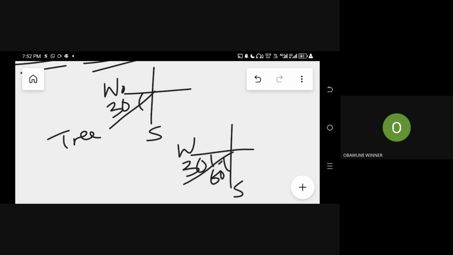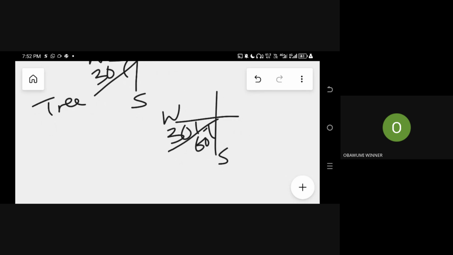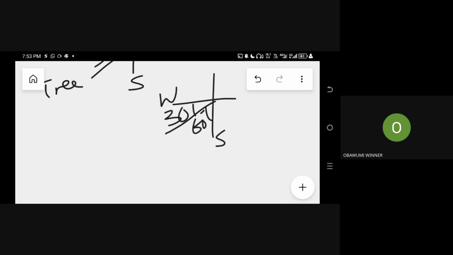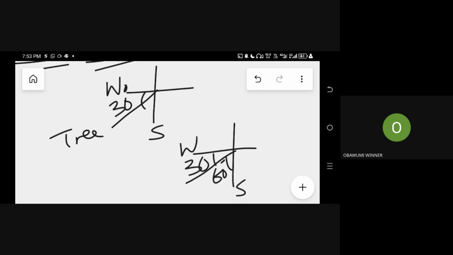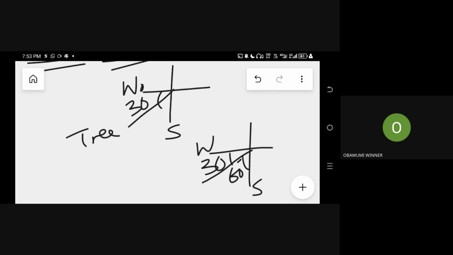So since the 30 degrees wasn't touching the south, we'll have to subtract from 90 so that we'll have an angle that will touch the south to make it a complete 90 degrees. So the top is 30, then the balance would be 60 when we subtract from 90. So now we have an angle touching the south. What will be the compass bearing now?